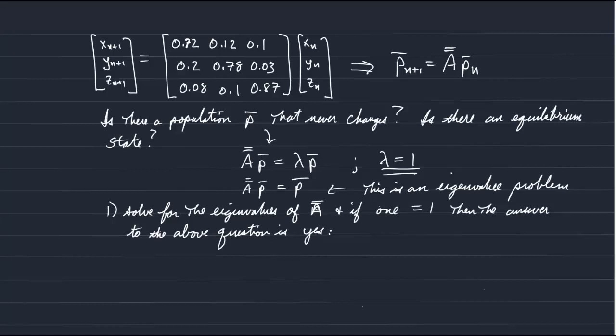And in fact, there is for this particular example, lambda 1 indeed is equal to 1, and the eigenvector associated with that eigenvalue is equal to a free parameter alpha times minus 0.56, minus 0.62 and minus 0.82.